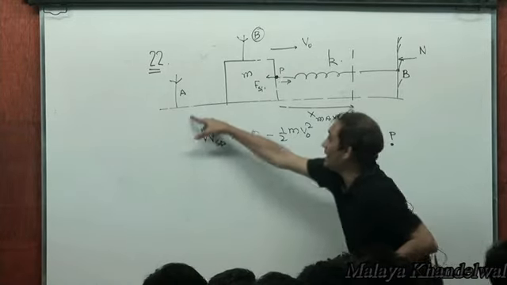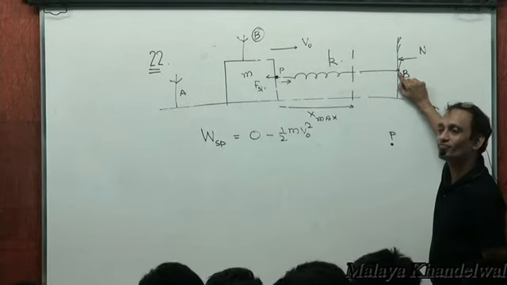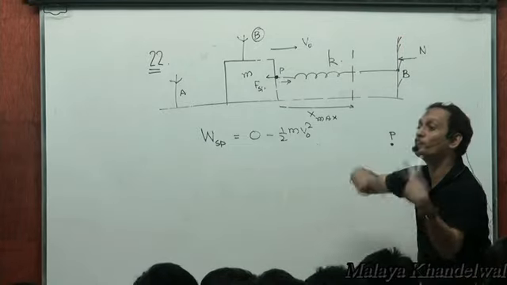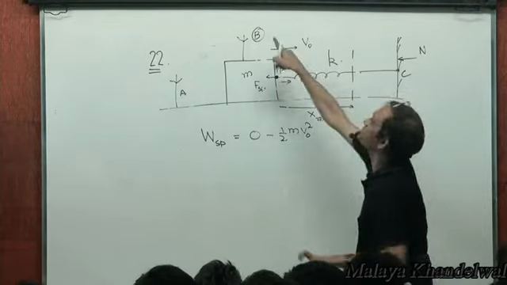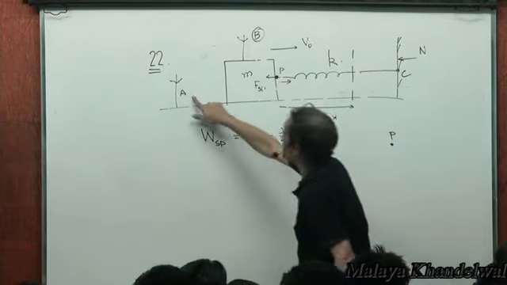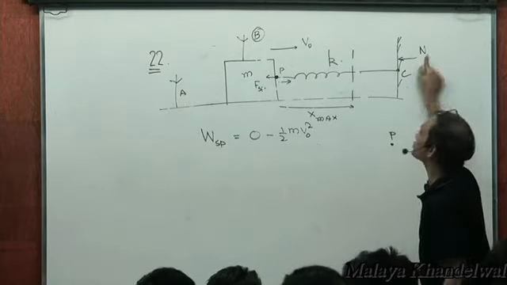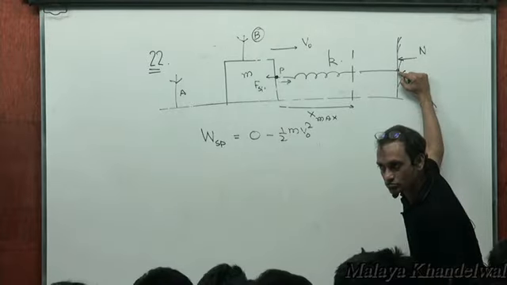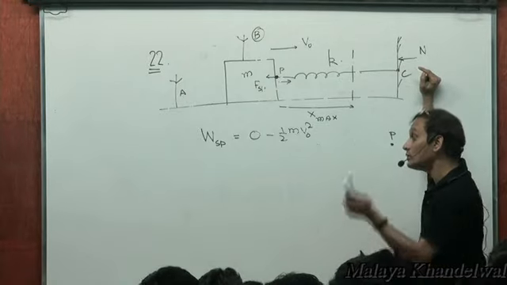So observer A will tell you that the work done by N is 0. The force that the wall exerts on the spring does no work. Let me not call it B, let me call this C, because B is the observer there, right? So observer A says that N does no work. Why? Because with reference to A, the point C is not getting displaced. Am I right? Okay.